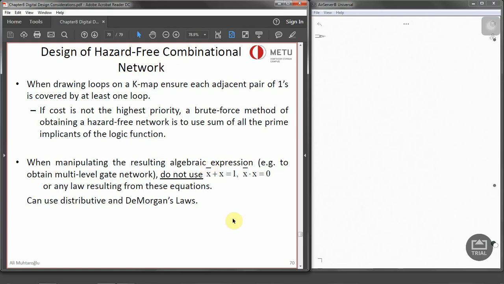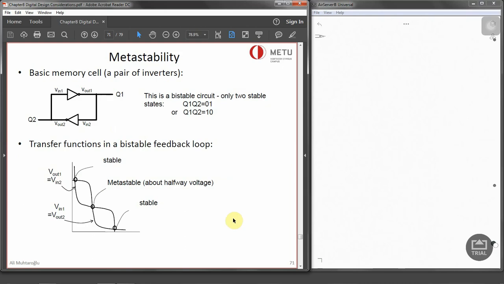Right, let's consider metastability. Metastability is the ability of a digital system to persist for an unbounded time in an unstable equilibrium or metastable state. The memory cell here is a bistable circuit, because we have Q1 be 1 and Q2 be 0, or Q2 be 1 and Q1 be 0, and there are only two stable states.